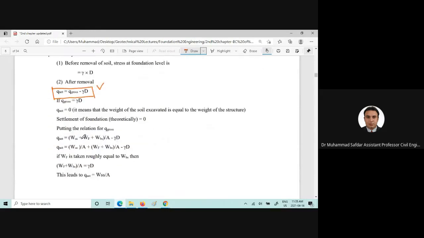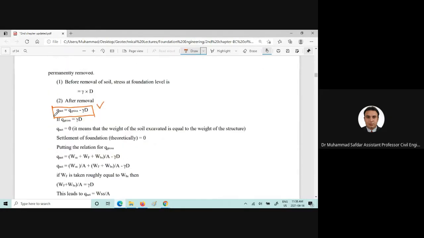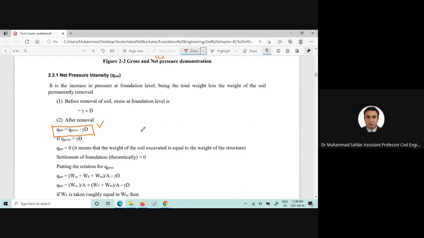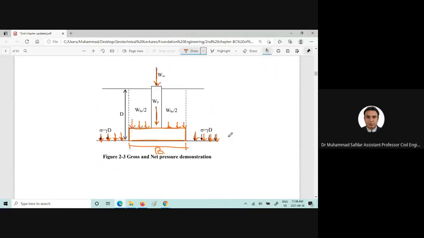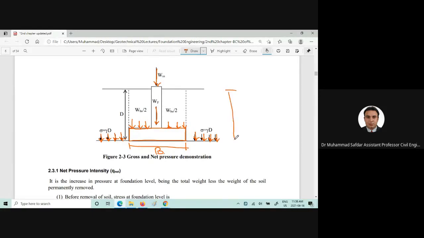Now for the net bearing capacity or the pressure intensity, you simply subtract from the Q gross, which is obtained from the weight of the superstructure, weight of the foundation, and weight of the backfill soil, the gamma into D. For example, this one is the depth of the footing, and we have a unit weight of the soil.